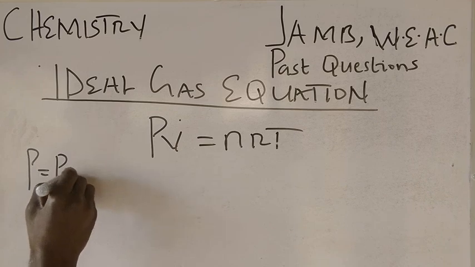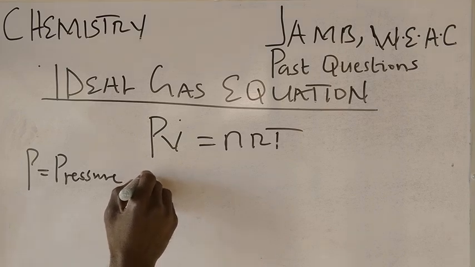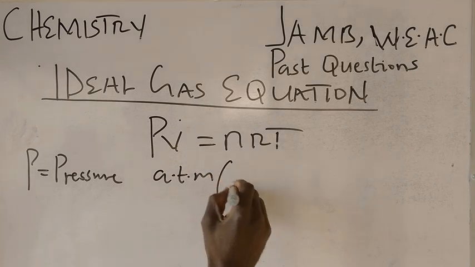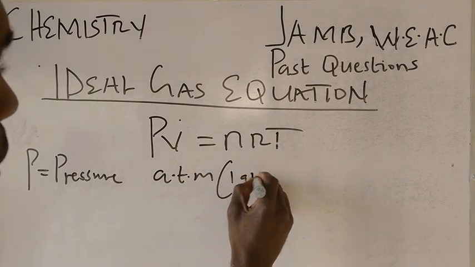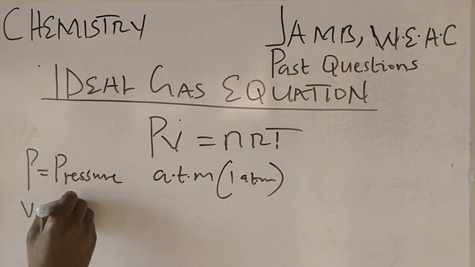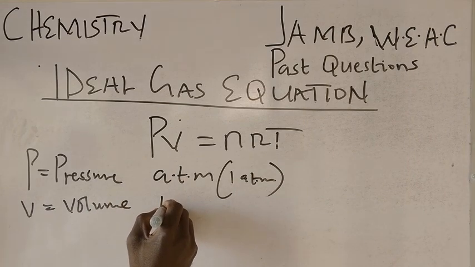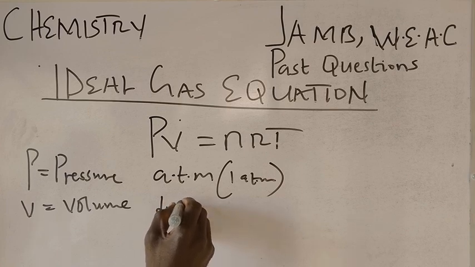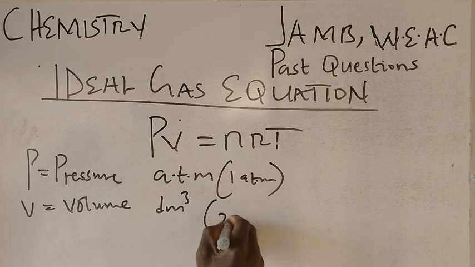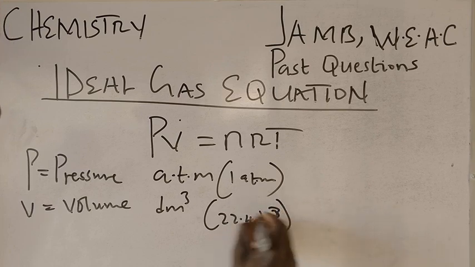This P is pressure, in atm, and it is always 1 atm. Then V is volume, in dm cube, which is 22.4 dm cube.